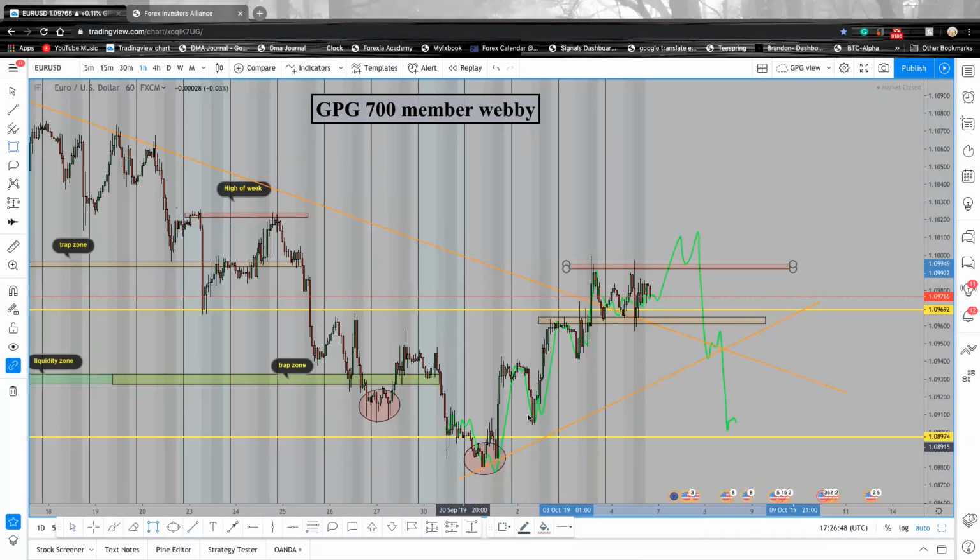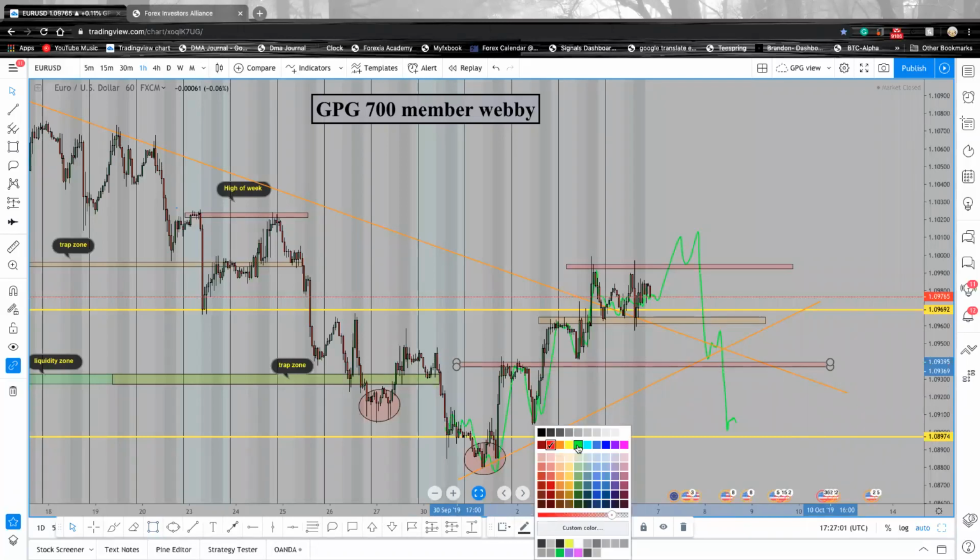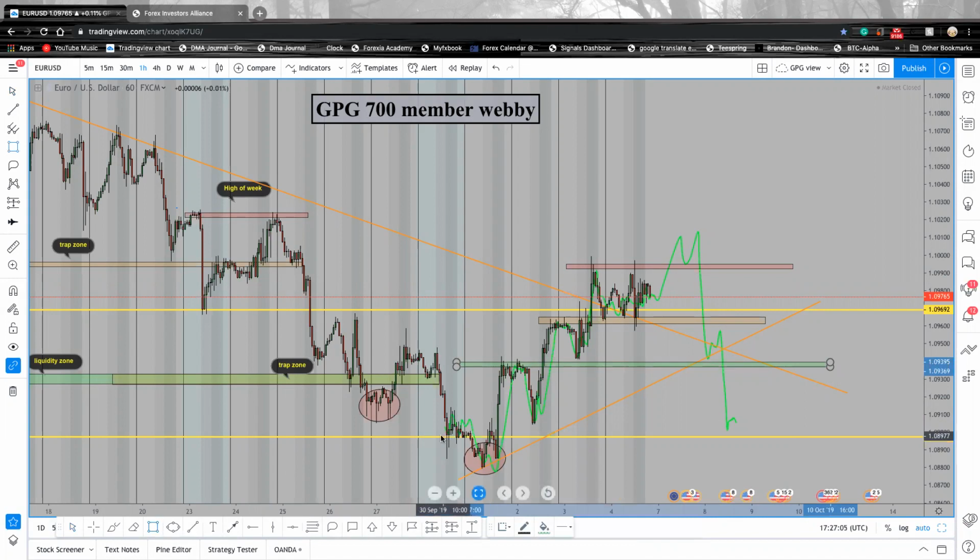And then we got a green one, which can be here or can be here. That's going to be the first liquidity pool. So this is going to be my TP1, and then this is going to be my TP2 right here.